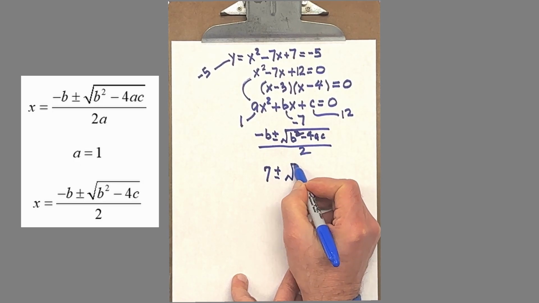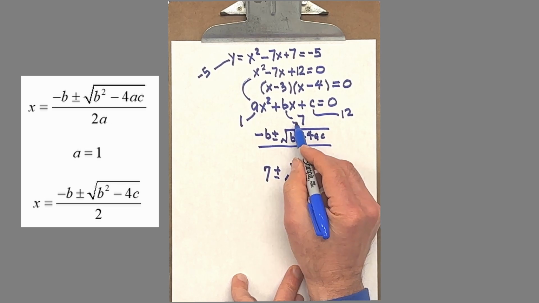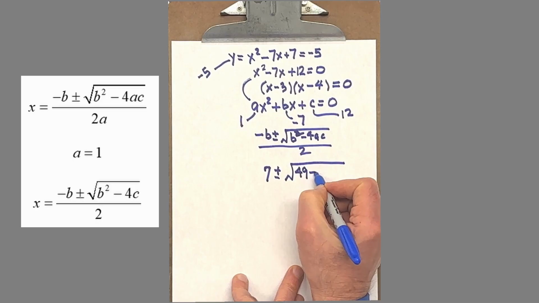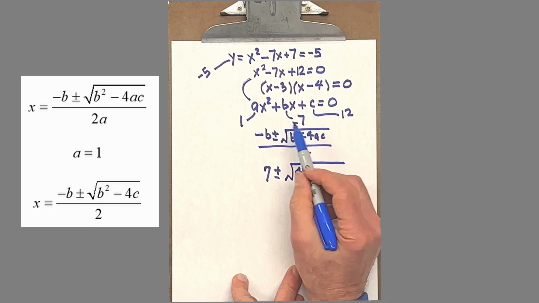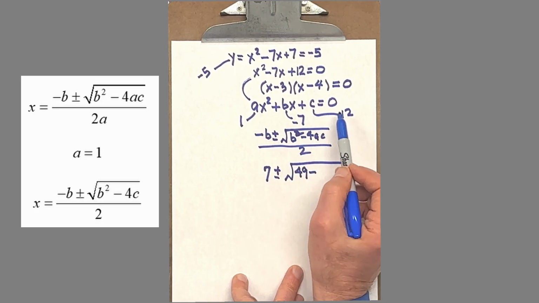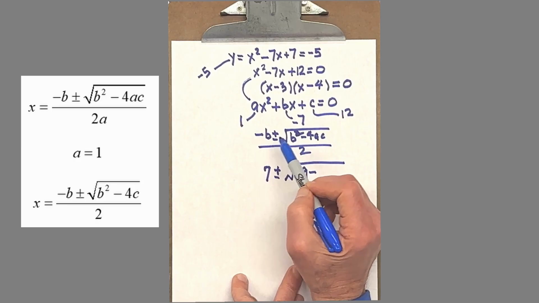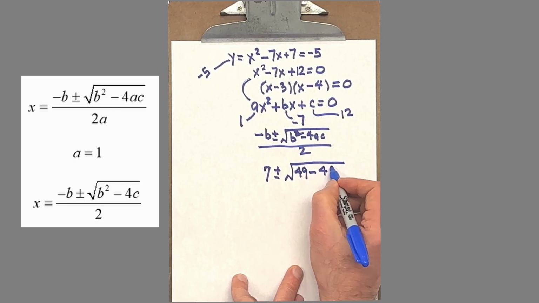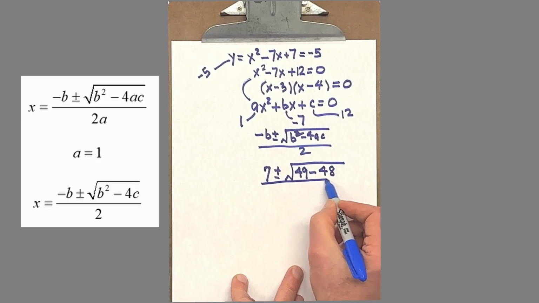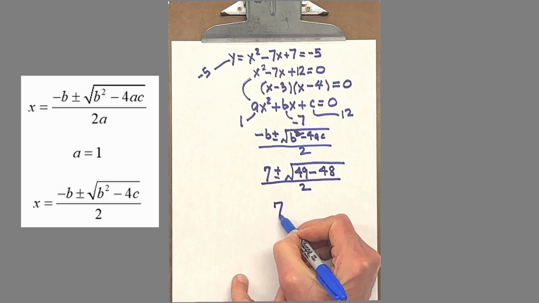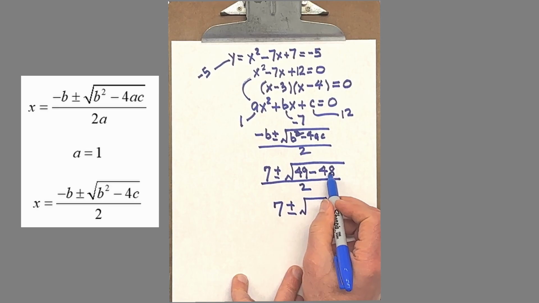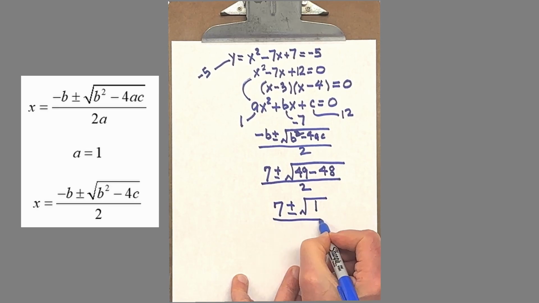And then here we would have the square root of b squared, a minus 7 squared is 49. And then minus 4ac. Well, a is 1 and c is 12. So 4 times 12 is 48, and that would be minus 48, and you would divide by 2. So this is 7 plus or minus the square root of 49 minus 48, which is 1.